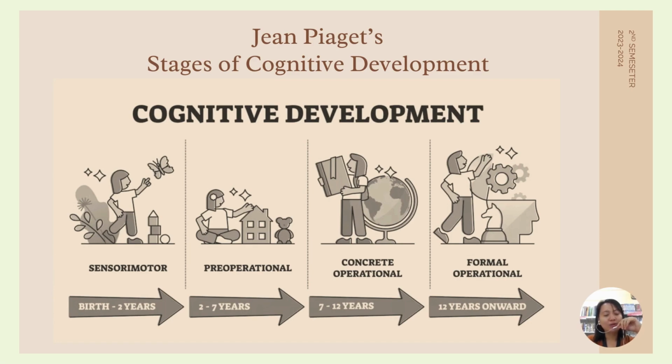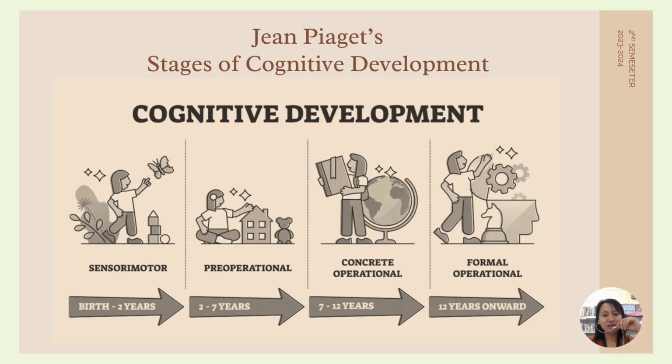Also, Piaget's theory centered on the stages of cognitive development such as the sensory motor, pre-operational, concrete operational, and formal operational. He described four stages of cognitive development, and each has characteristic ways of thinking and perceiving that shows how one's cognitive abilities develop.